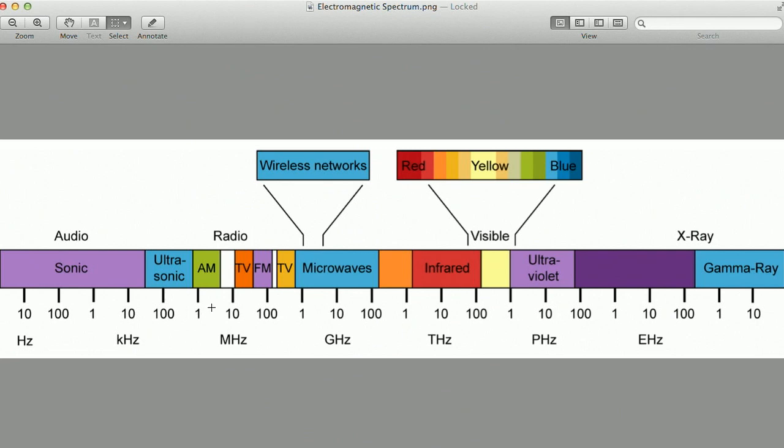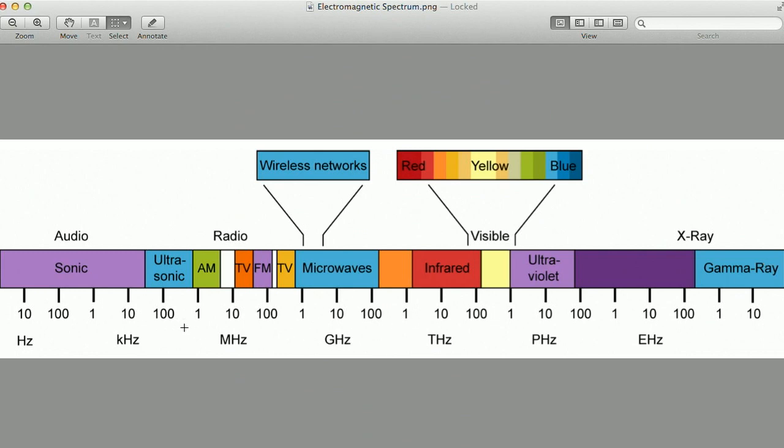right around the 900 kilohertz to 1 megahertz range, we get into radio waves, and then we get into the actual electromagnetic spectrum. The electromagnetic spectrum consists of radio, microwaves, infrared, visible, ultraviolet, X-ray, and then the gamma ray.